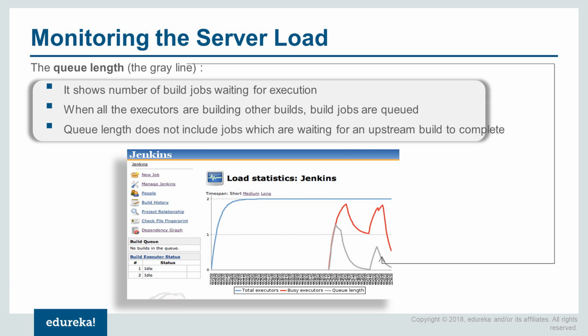If that waiting period is 10 minutes, then the queue length will become 10 minutes as well. And queue length does not include jobs which are waiting for an upstream build to complete, because that is not exactly seen as a waiting period. That's basically a triggering. It gets calculated from the time when the job has been triggered but is still waiting because executors are not free at that point in time, not because there is an upstream project which is supposed to finish.